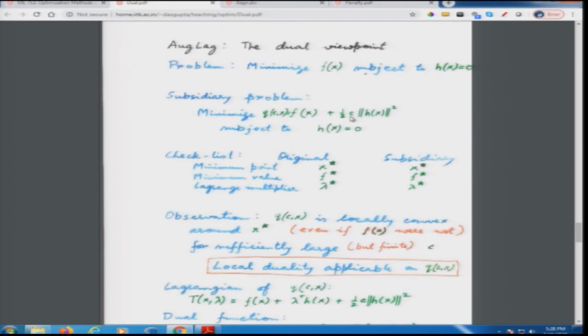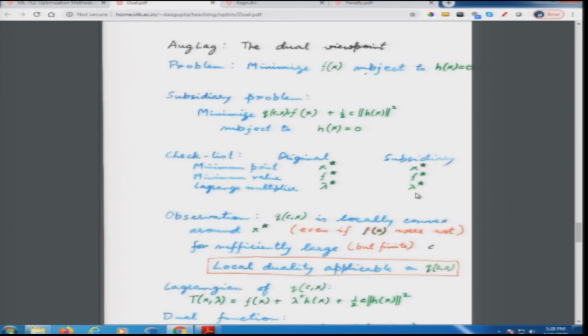You see, this is C grad h into h. So, that will be 0, because h is 0. And you will find that the Lagrange multiplier values are also the same. So, the original has this minimum point, minimum value, and Lagrange multipliers.